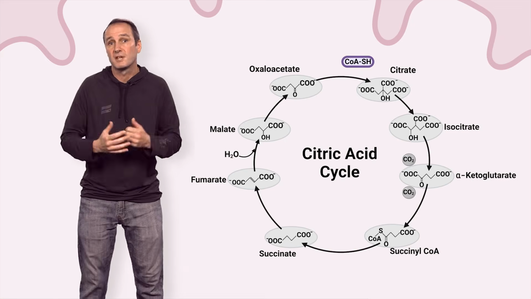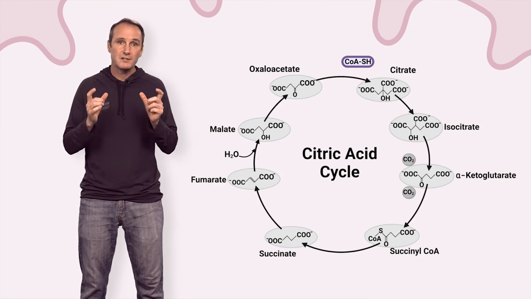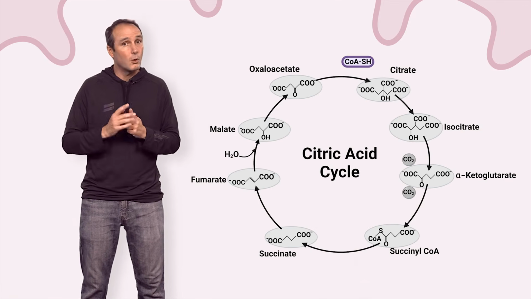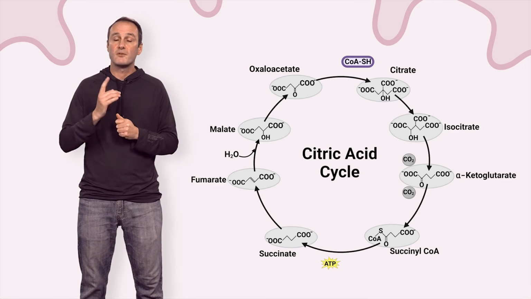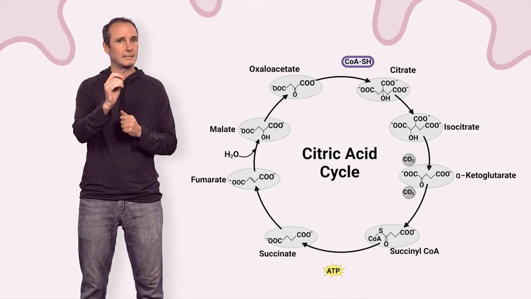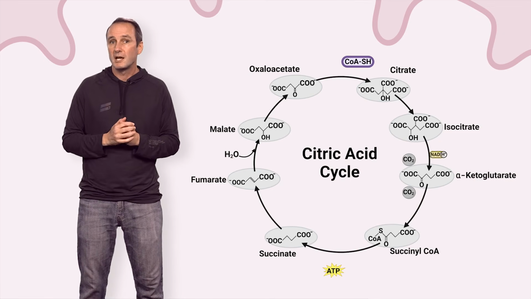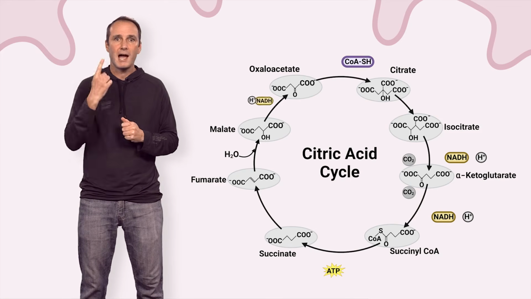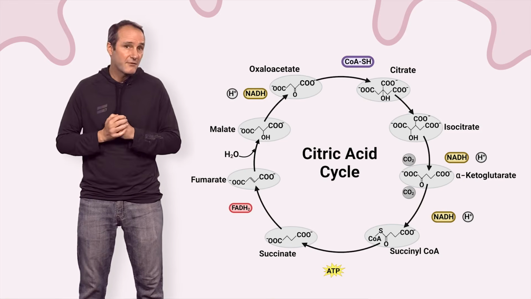We are going to breathe that out, but what that CO2 actually represents is the last of the carbons from our original glucose. You'll also notice that there's another event that results in the formation of a molecule of ATP. But super importantly, there are a series of oxidation reactions that result in the formation of 3 molecules of NADH and 1 molecule of another type of high-energy electron carrier called FADH2.